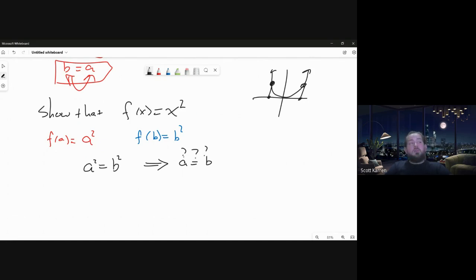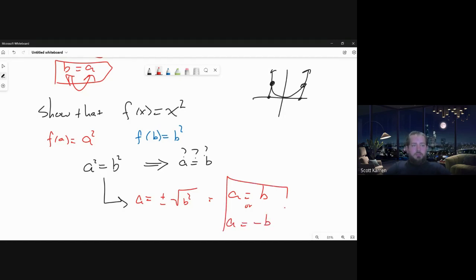The answer is no, because of the square root principle. If a squared equals b squared, then by the square root principle, a is either equal to the positive or the negative square root of b squared, which is to say that a is either equal to b or a is equal to negative b.